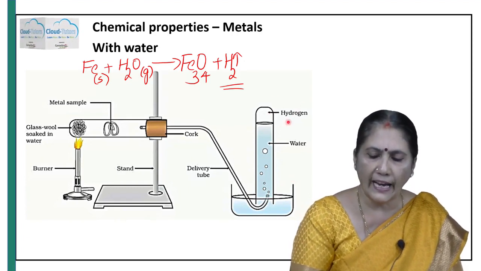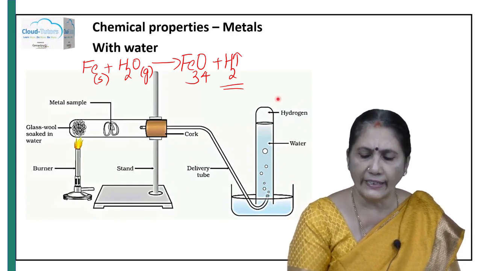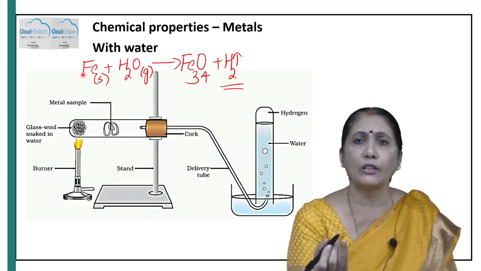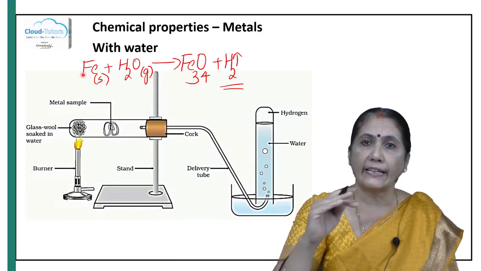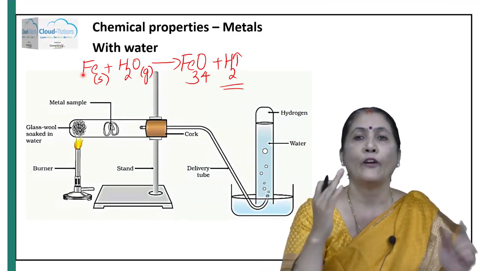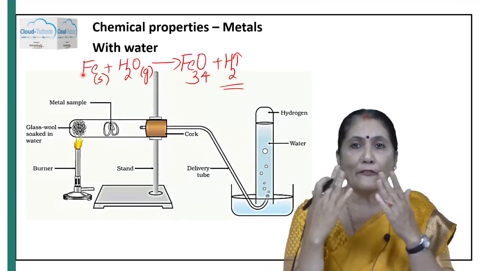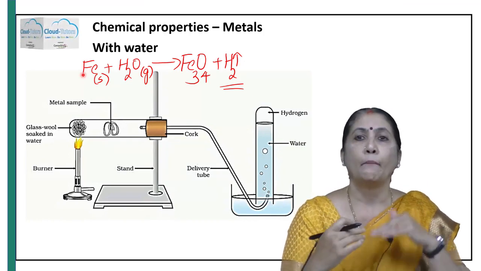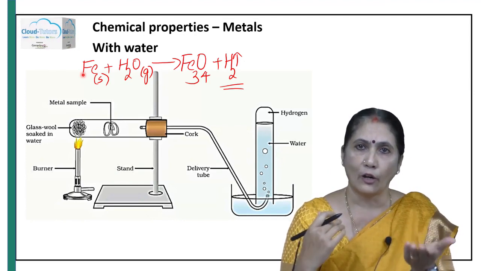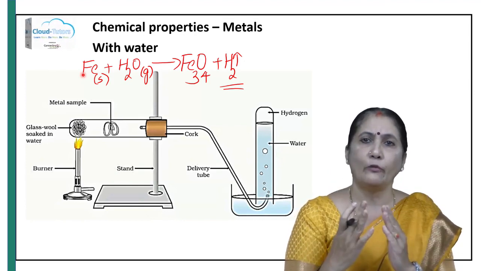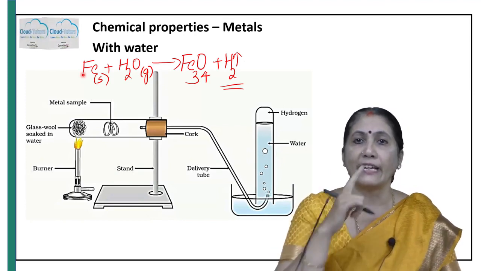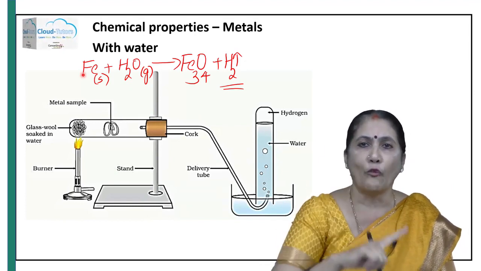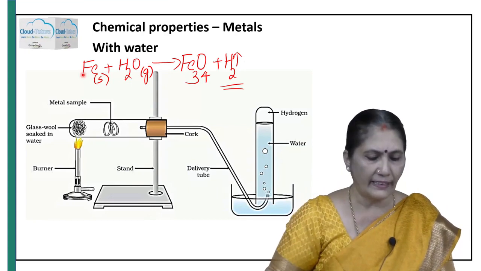Here you can see hydrogen is a lighter gas, so it gets collected here. All these metals react with water, but not under the same conditions. There are metals which are highly reactive in cold water, some which react with hot water, and some which react with water vapor. So the reactivity of metals varies from one metal to another.